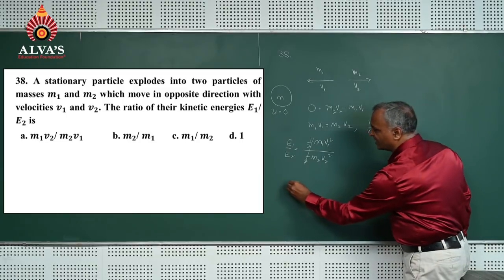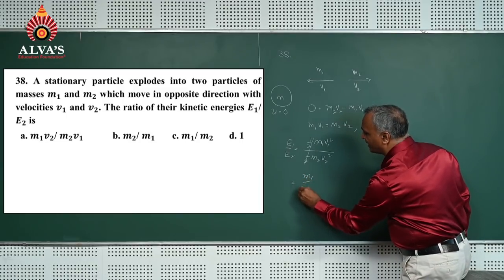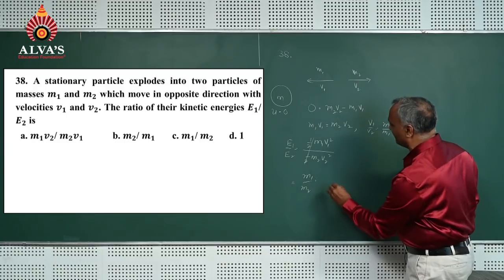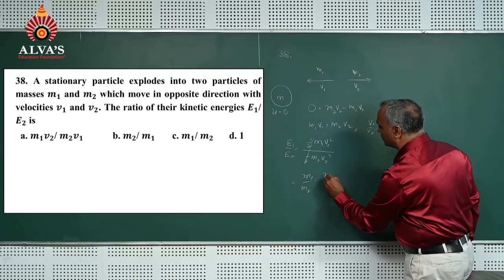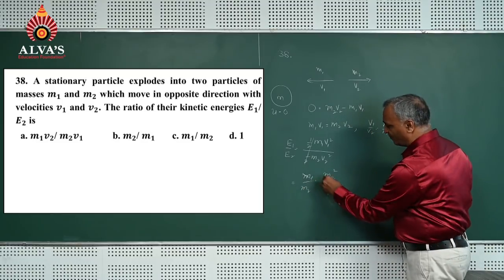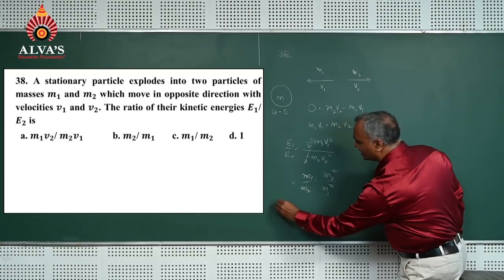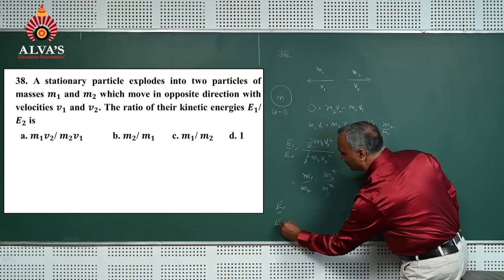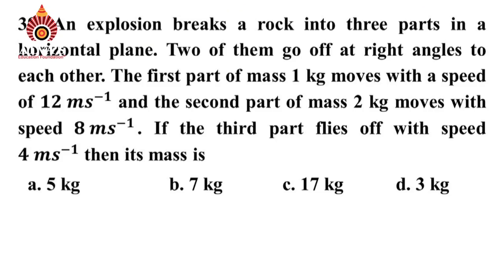So this will be equal to m1 by m2 into v1 by v2 square, which means m2 square divided by m1 square. So 1 m1 and 1 m2 cancel. You will get E1 by E2 equal to m2 divided by m1. So I will go for option B.